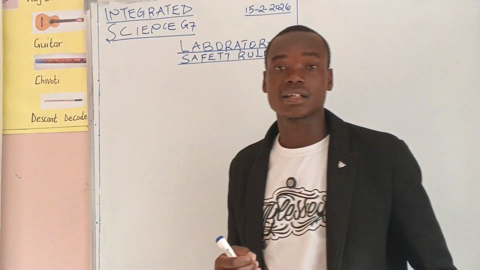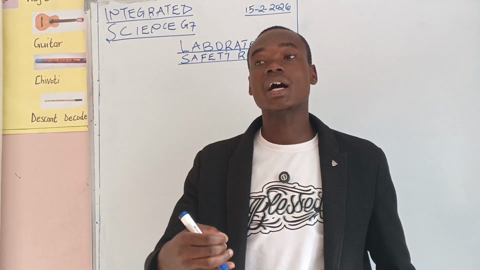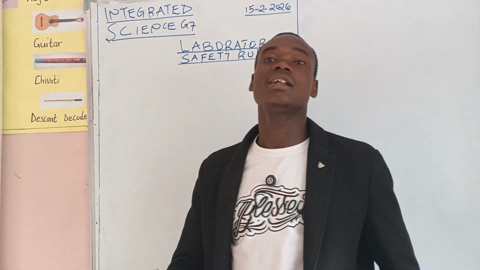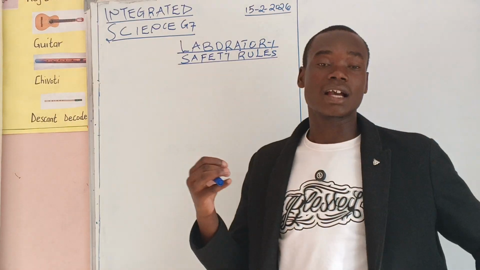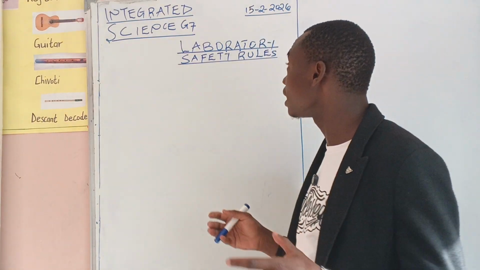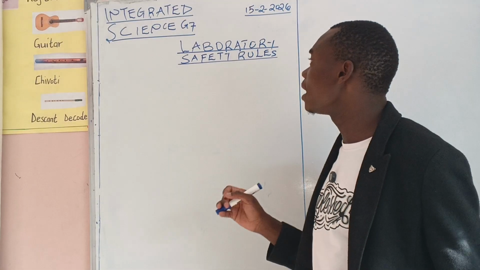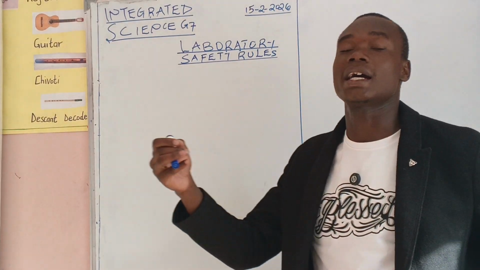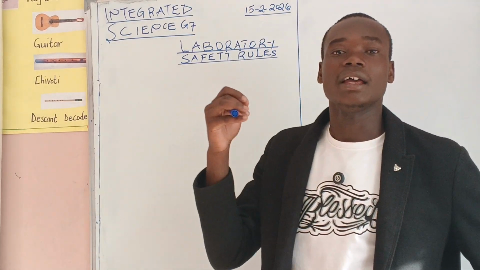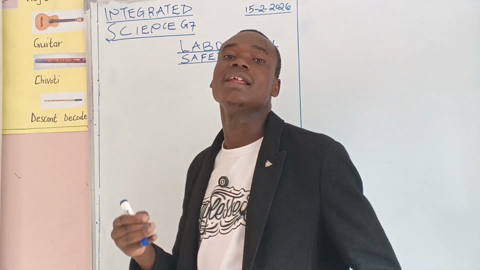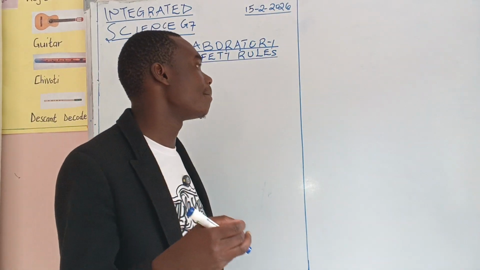These glass apparatus, when you carry out an experiment with them and you break them, can cut your hand, they can cut any part of your body, the skin. When they cut you, that is an accident. Now, a cause of that can be carelessness within the laboratory.